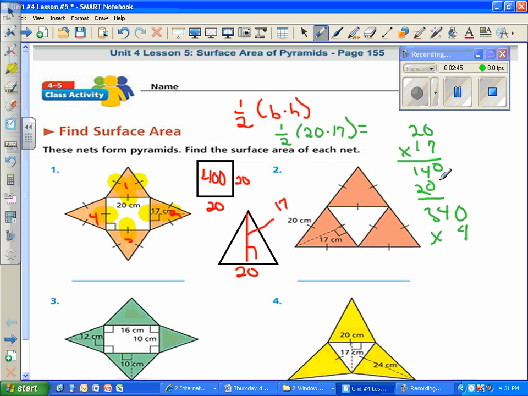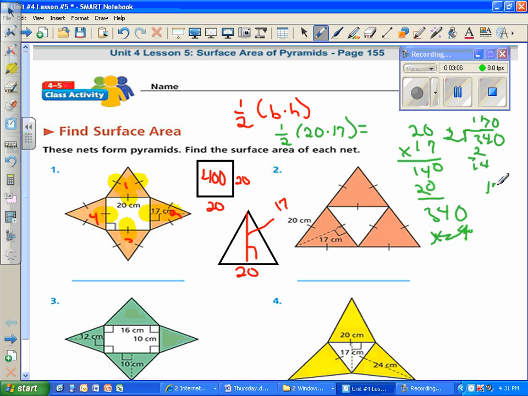Oops, I'm going to back up here because I almost goofed up. 340, but we have to take half of that. So 1/2 of 340 is 170.